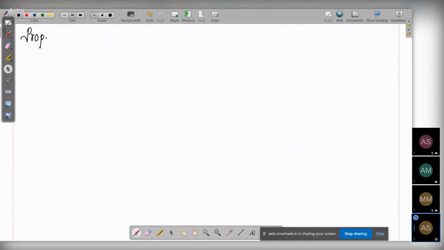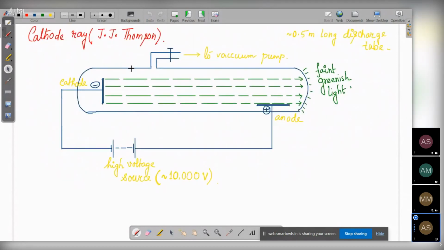So what property did they have? The first property: if he placed a solid object, suppose a triangle, in the path of these cathode rays, then he found that a shadow of this object was cast over here.